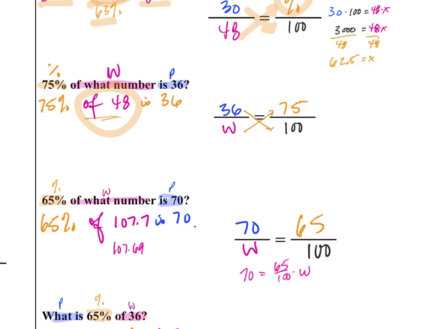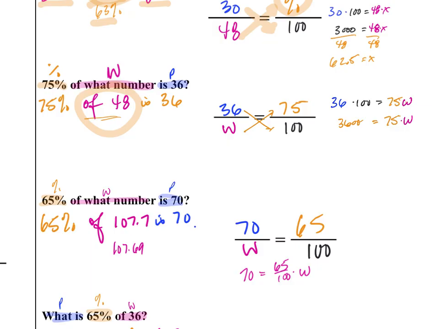That means I'm going to do the cross product equation, which will be 36 times 100 equals 75 times W. That's going to give me 3,600 equals 75 times W. That's being multiplied, 75 times W, not equal.